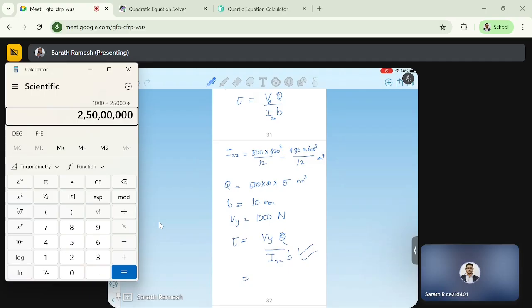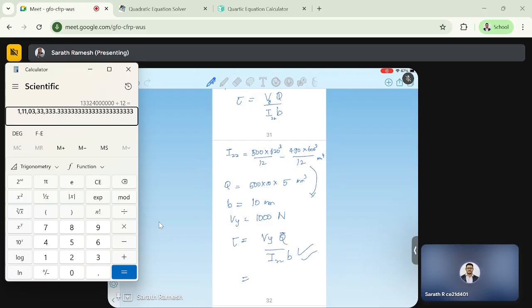Let's calculate then. This I will become 500 into 620 cube minus 490 into 600 cube divided by 12.